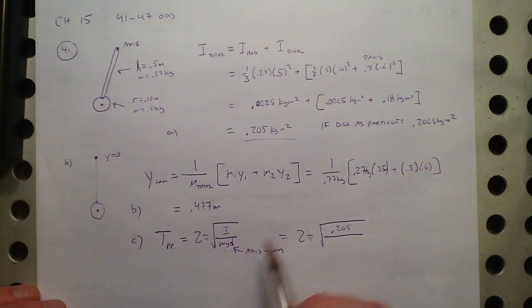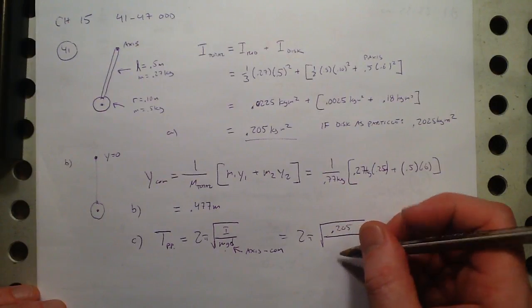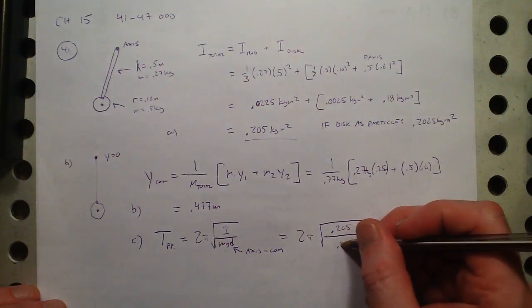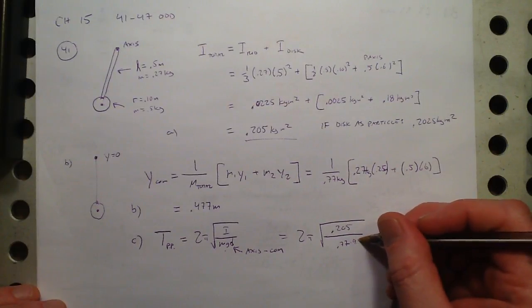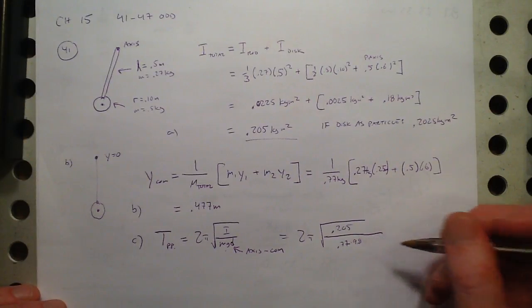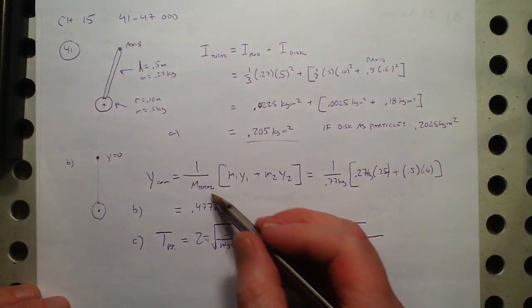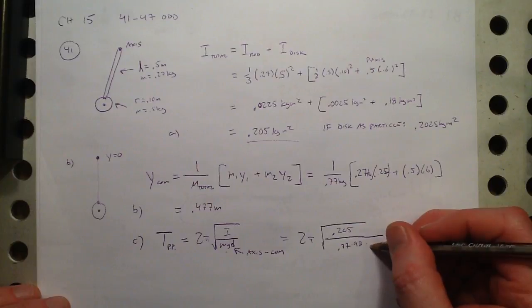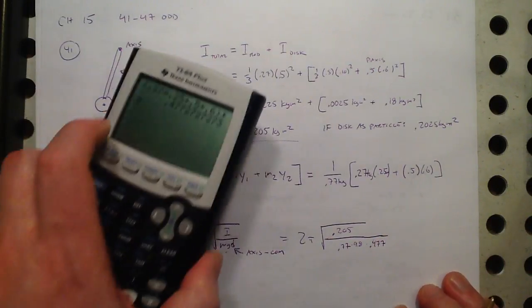over m, the mass of the whole thing, is 0.77 g, and d, the distance between the axis and the center of mass. That's what I found here. So let's find that.